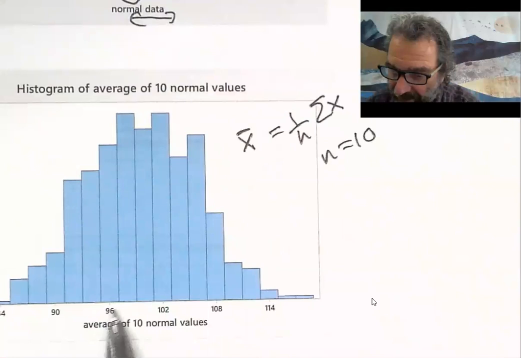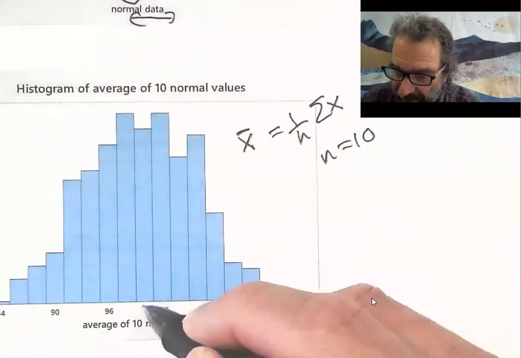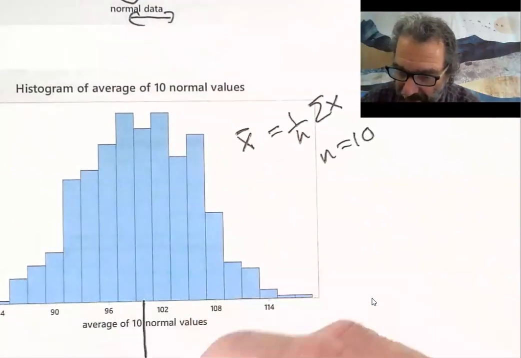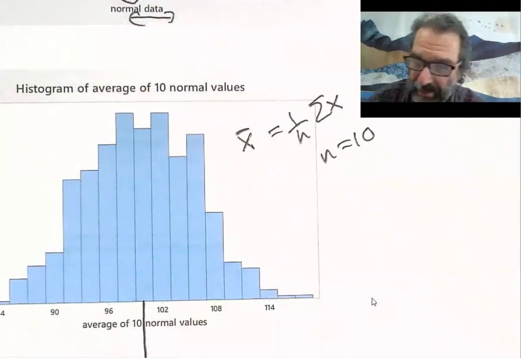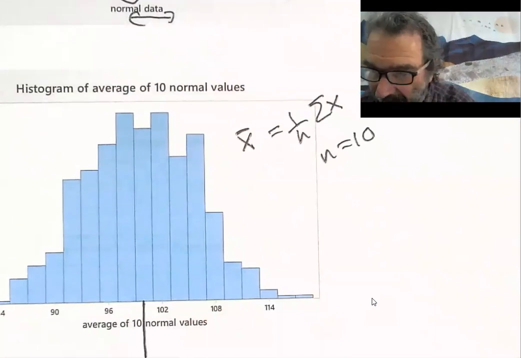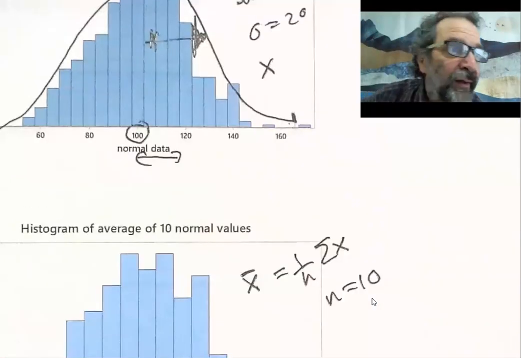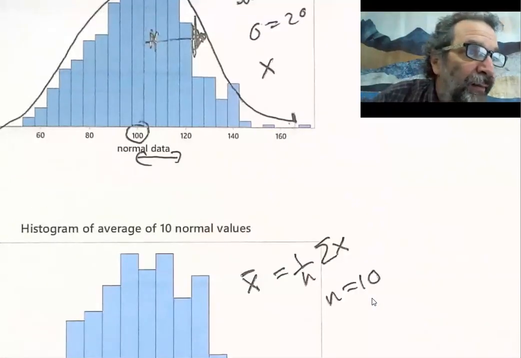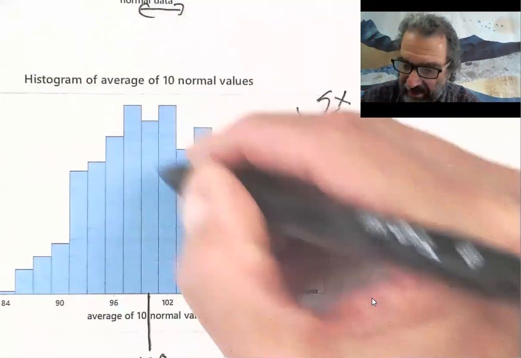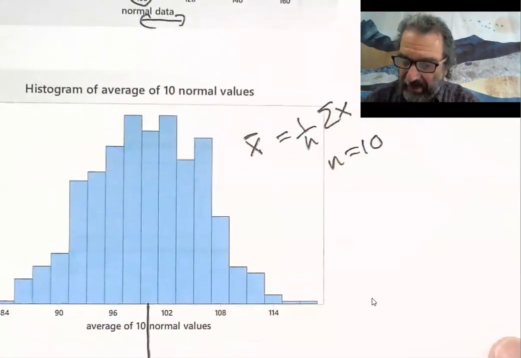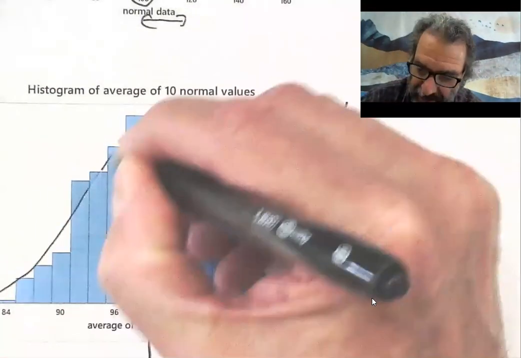So 6, 8, 10. This looked like where 100 is, maybe here. I think I've got those numbers centered on the bars. Okay, so the mean might be 100, and then we're trying to guess the standard deviation. It looks like it still has some kind of bell shape to it.